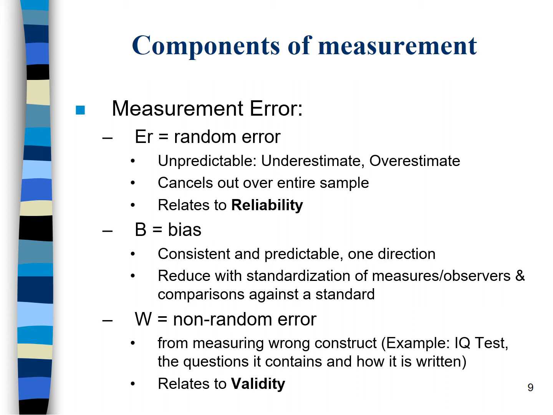That's a different concept, a different construct, right? Intelligence is one thing, comprehension of English is a different thing. So if your test is written in a way where it's really only measuring comprehension of English, you can see that it's not shooting at the right target if it's supposed to be measuring intelligence. So that's an example of that.